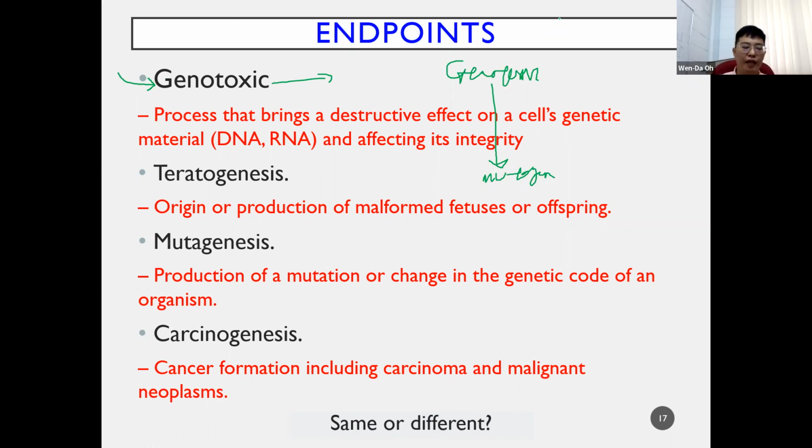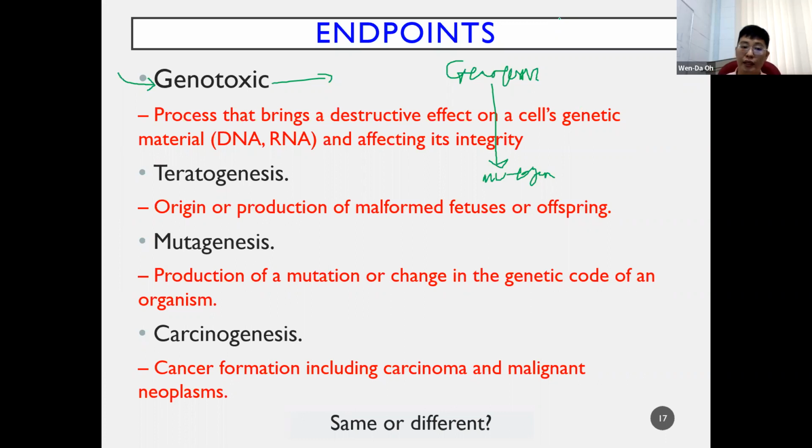Teratogenesis means that that particular toxicant can affect the fetus. For instance, when you eat a chemical into your body, let's say the person is pregnant, these chemicals can move through the placental barrier and go to the fetus and cause the fetus to have certain defects. That kind of toxicant, we call a teratogen.